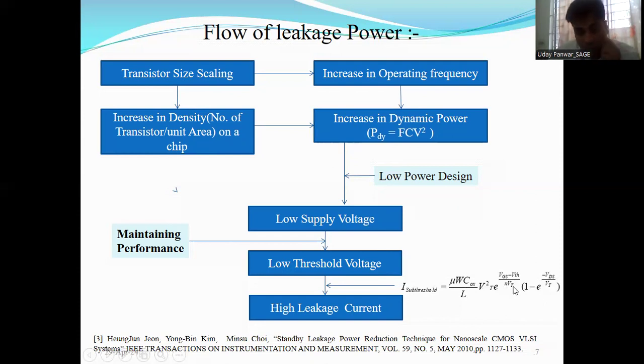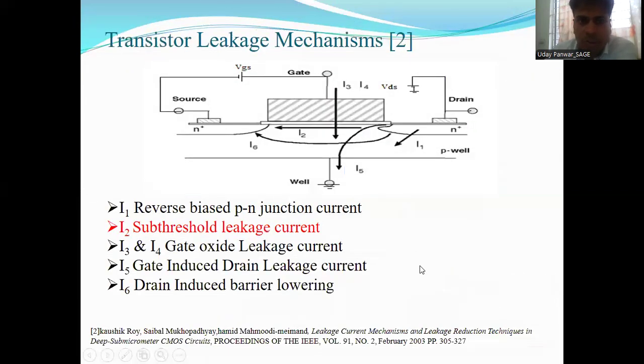This is the scenario we see in the ITRS curve, where after 90 nanometer the leakage current becomes more dominant over the dynamic power dissipation for this reason. So the outcome of this is high leakage current. This is the transistor leakage mechanism.